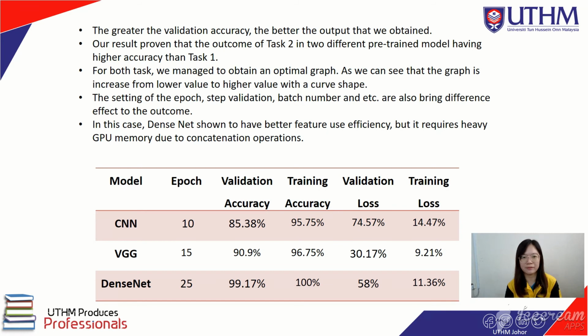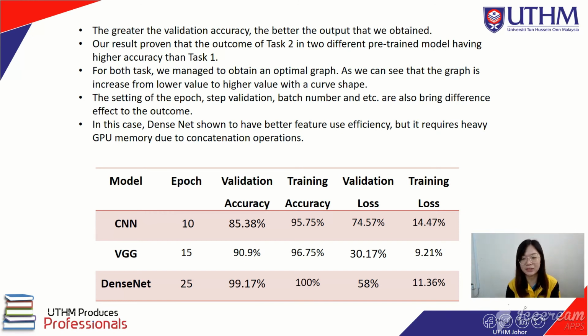Okay, so our result proved that the outcome of task 2 in two different pre-trained models, which are VGG16 and also DenseNet, has higher accuracy than task 1. For both tasks, we managed to obtain an optimum graph, as we can see that the graph increased from lower value to higher value with a curved shape.